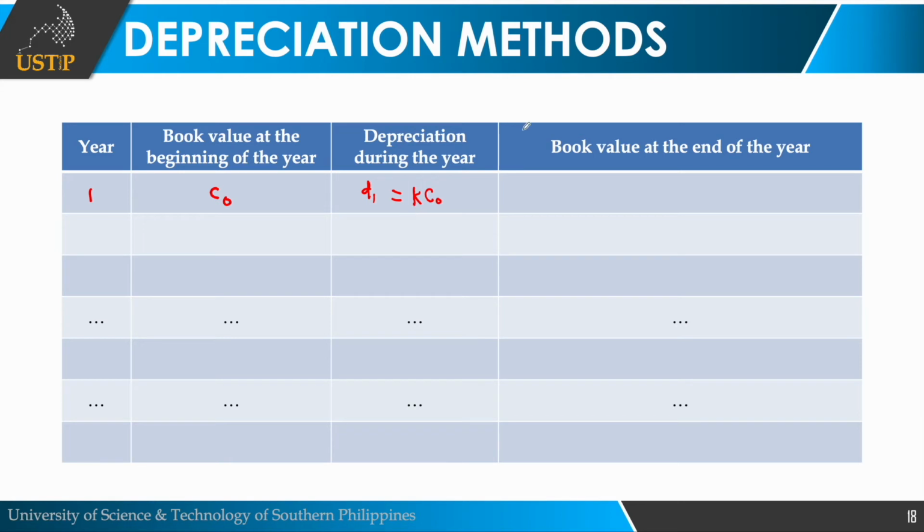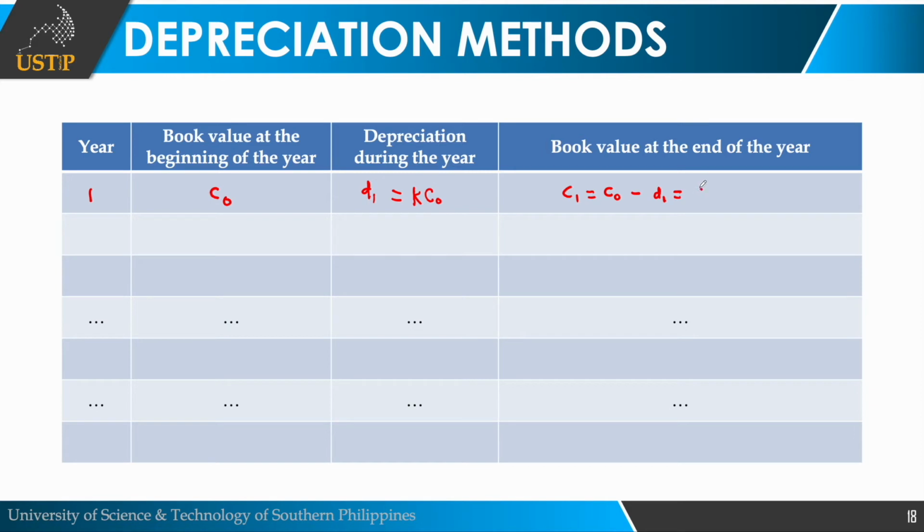Okay? So, that means the book value at the end of the year, class, we denote as C1. Of course, at the end of the year, the original cost minus the depreciation, so that is C sub O minus D sub 1.